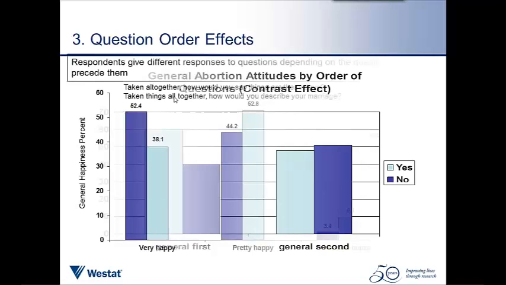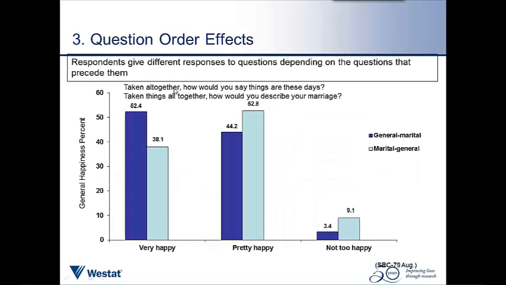There's another very famous experiment that was done asking people the general question of, taken all together, how would you say things are these days? How happy are you these days? Followed by a specific question of, taken all things together, how would you describe your marriage? How happy is your marriage? And the research found that, again, when you ask a general question first, you get a much higher answer to that general question than if you ask the general question second.